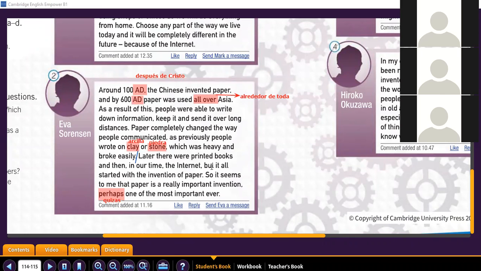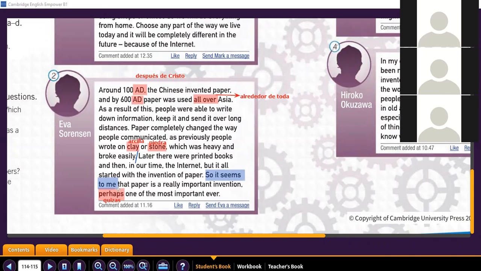It seems to me. Exactly. So it seems to me, right? Esta sería la frase que introduce nuestra opinión, ¿no? A mi forma de ver, a mi parecer, a mí me parece que, right?